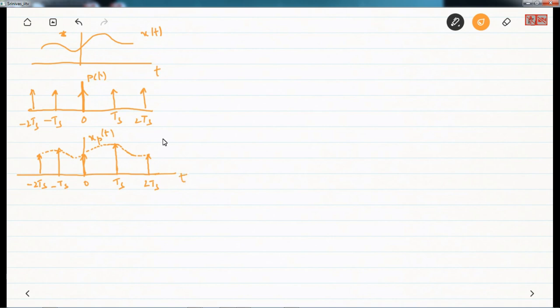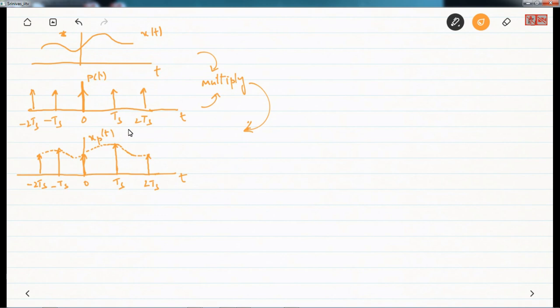This is the time axis. When I multiply these two signals, I'm getting this signal.